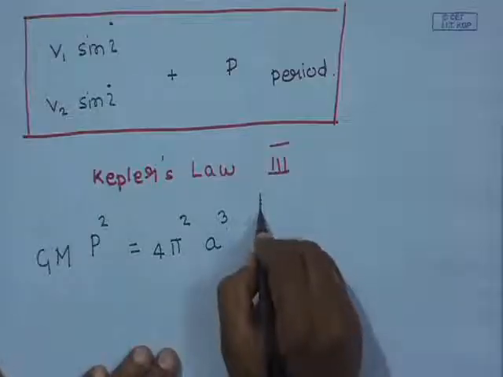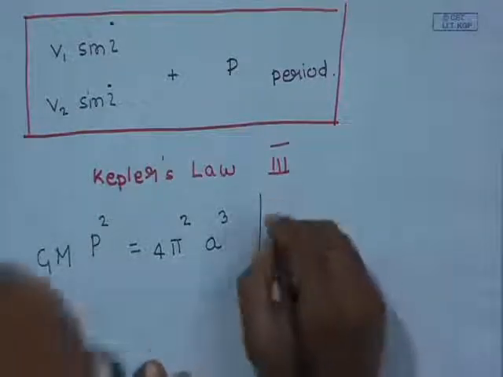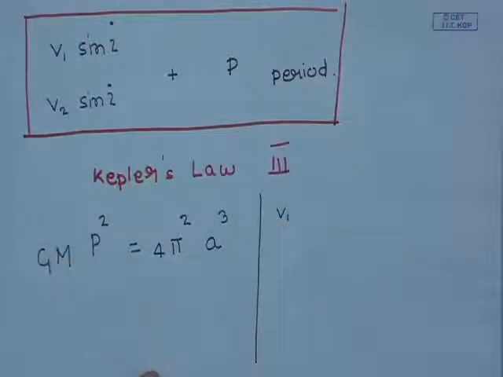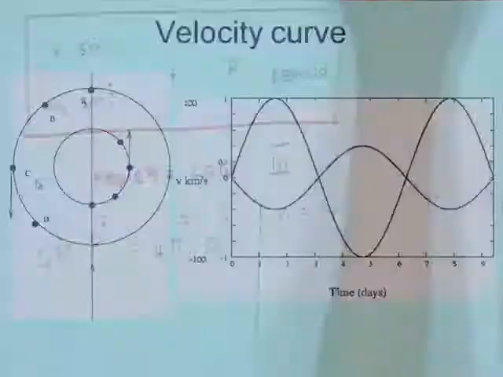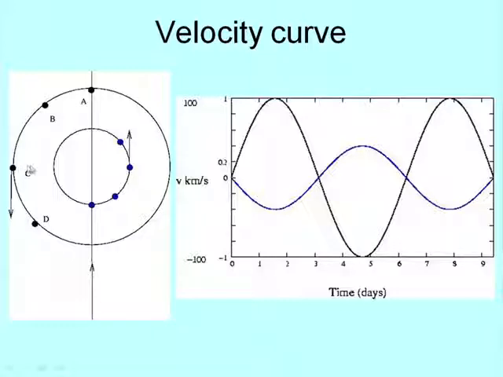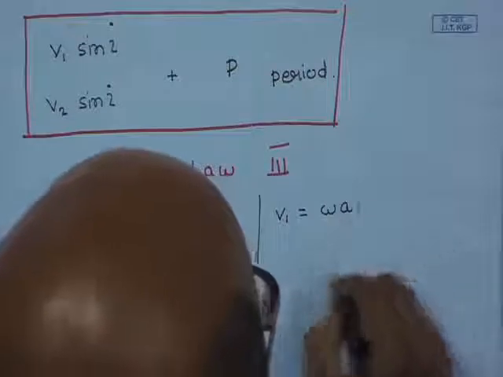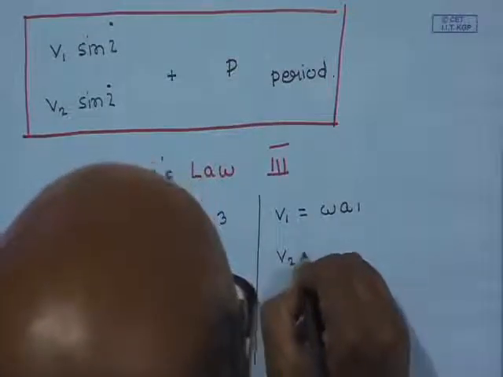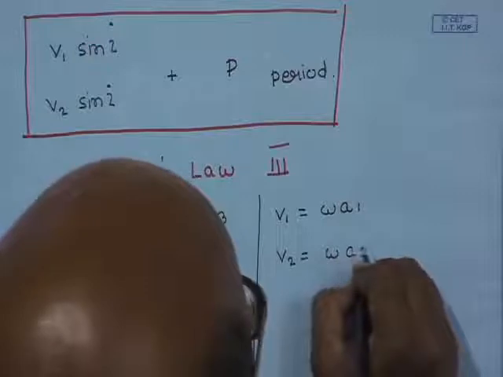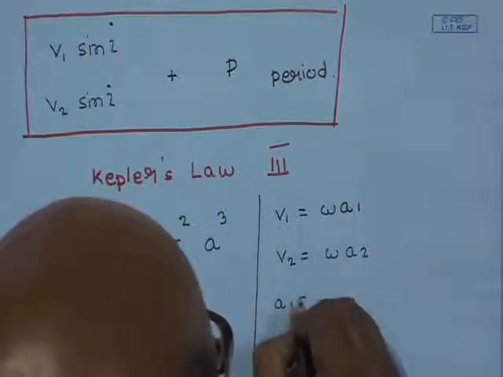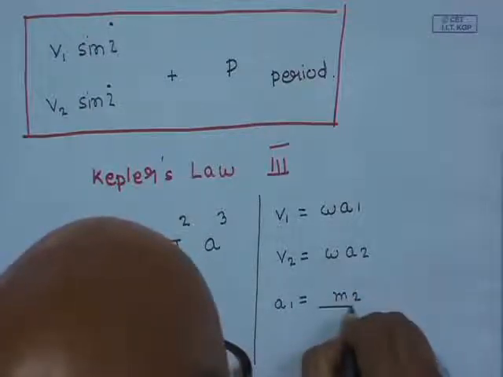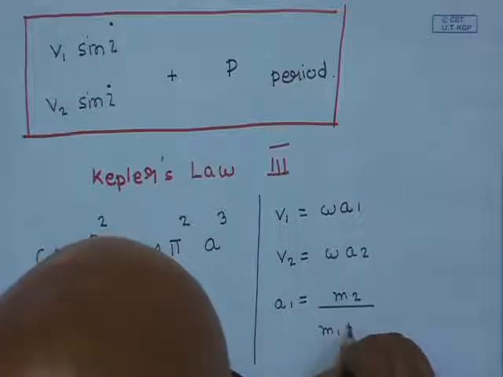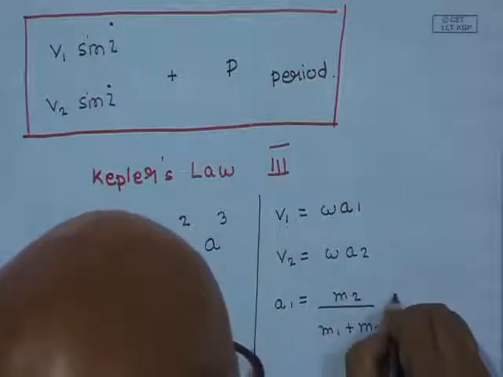So, the peak velocity of the first object can be written as omega a1, where a1 is the radius of the first object and a2 is the radius of the second object with respect to the center of mass, and V2 can be written as omega a2, where a1 is equal to M2 by M1 plus M2 into a.